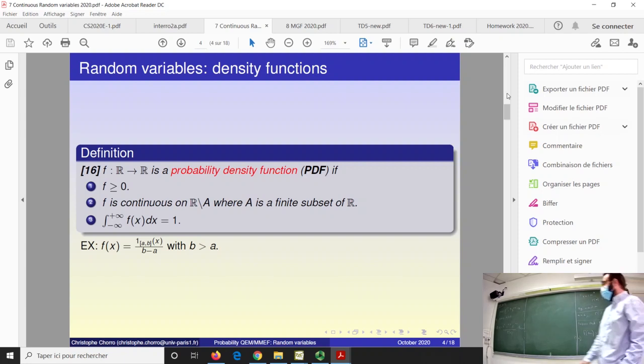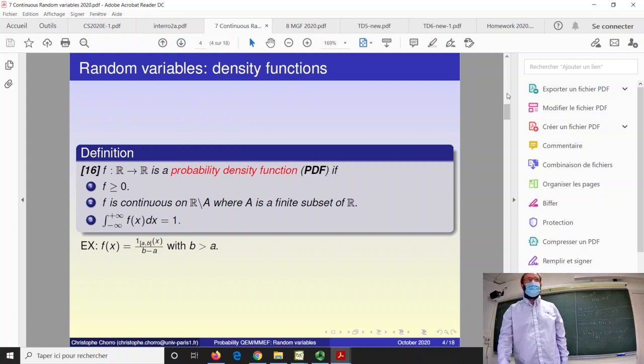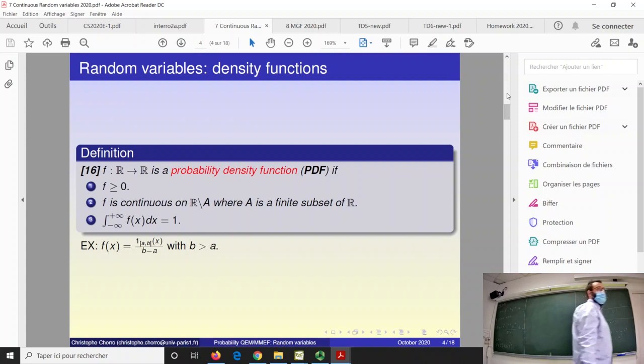So f is positive for sure. f is continuous on R, maybe except 0, but I don't mind. I don't have to check if it is continuous or not at 0, because the only thing I want to prove is that it is continuous except for a number of points that is not too big, and in my definition, a finite number of points.